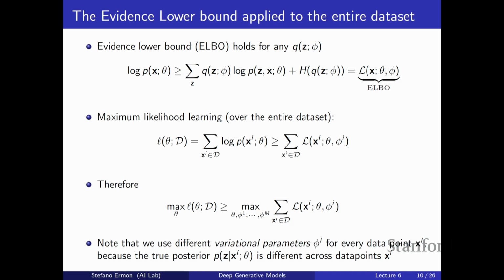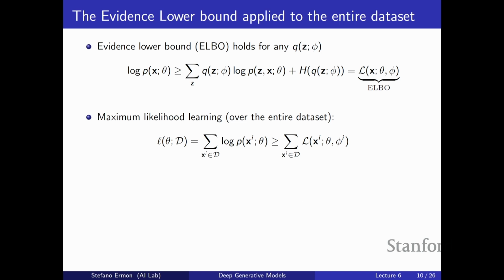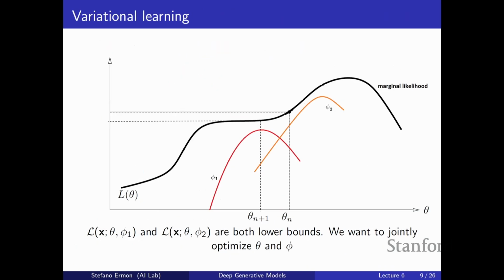You could be far off, and in fact you could be doing weird things, where it looks like you're optimizing, the lower bound goes up, but the true thing actually goes down. You could imagine a shape where if you go from here to here, the red line goes up, but the black line might actually go down.